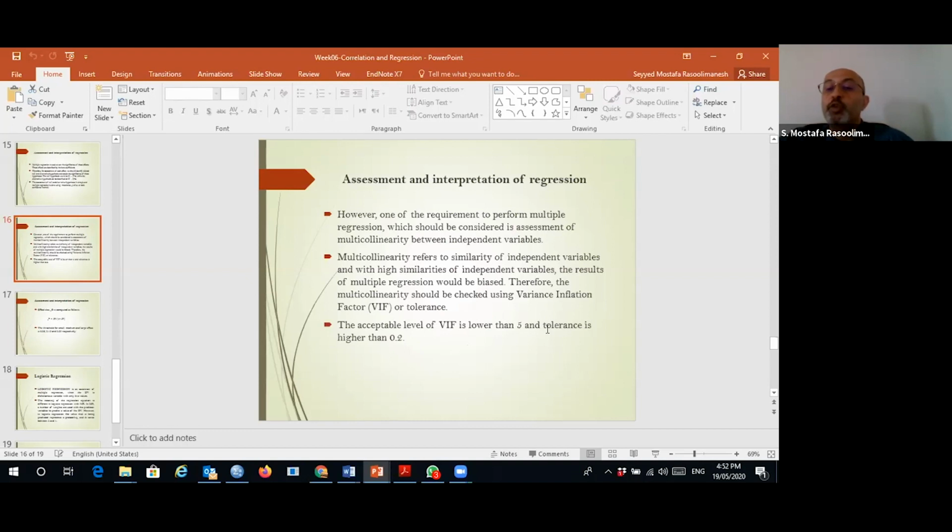If you divide 1 by tolerance, you will get VIF. So it's enough to interpret just one of them. Multicollinearity VIF should be lower than 5.